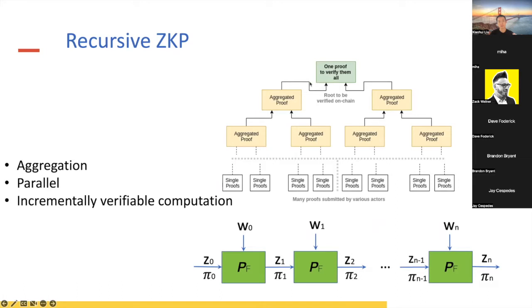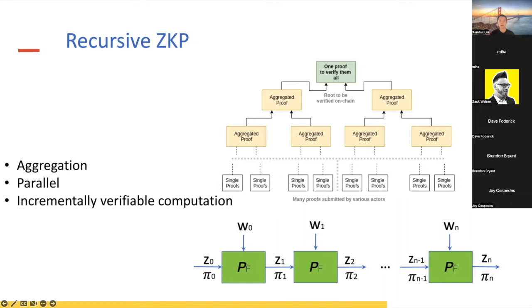And then you can even organize them into a tree. So if you have two proofs, you can generate a recursive proof saying, hey, this proof is valid if and only if the two subproofs are valid, right? And there's no stopping you from even going higher. So basically, you can organize them in a tree, you can merge them.